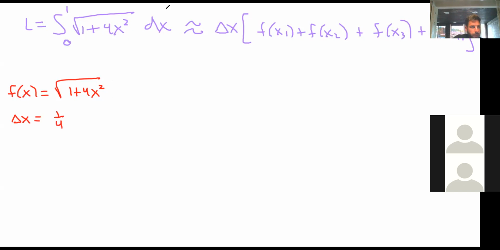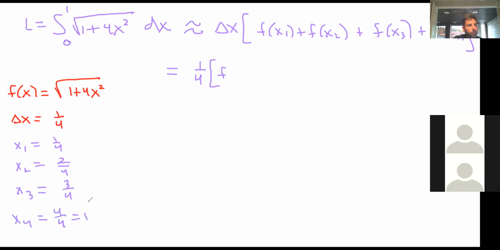So if I come up here and plug that in, what I'm really asked to compute, this is 1/4. Then this is f. What is x sub 1? Well, x sub 1 is just 1/4. X sub 2 will be 2/4. X sub 3 will be 3/4. And then x sub 4 is 4/4, but that's just 1.